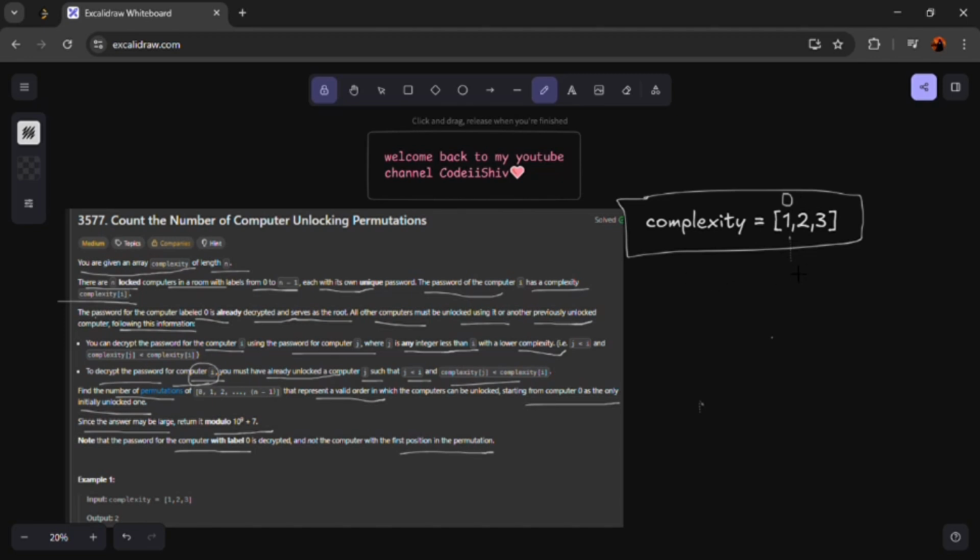We have to return the total number of permutations, that is, how many permutations are possible to unlock all computers. Let's suppose here we have computer 1, and computer 0 is already unlocked.